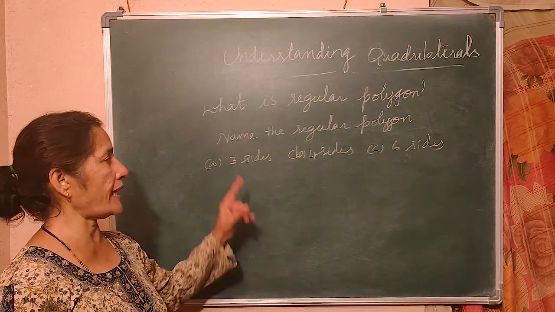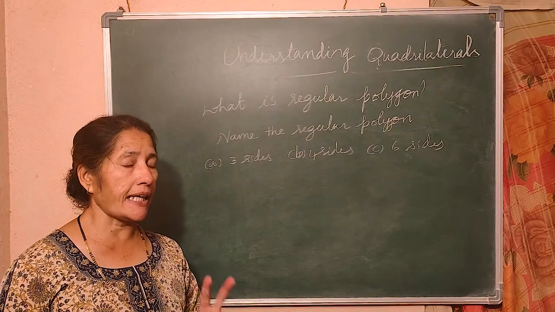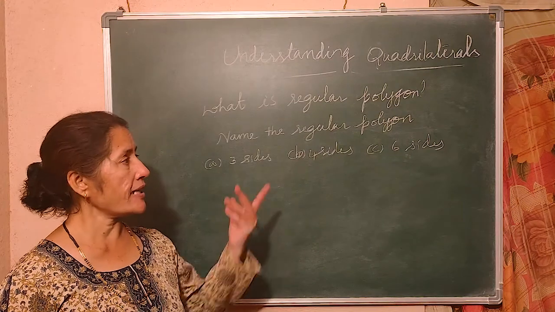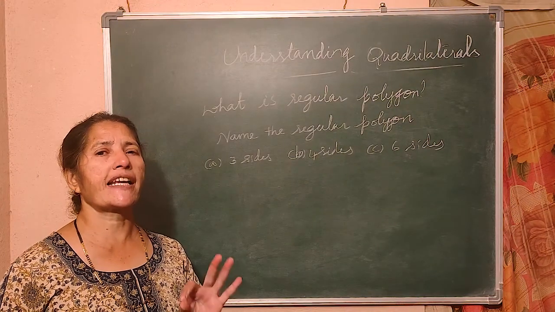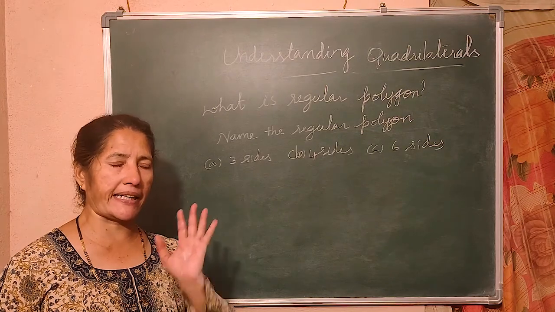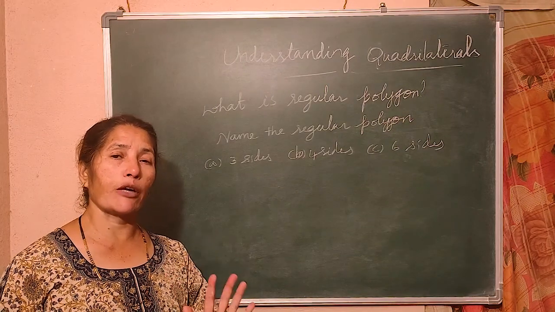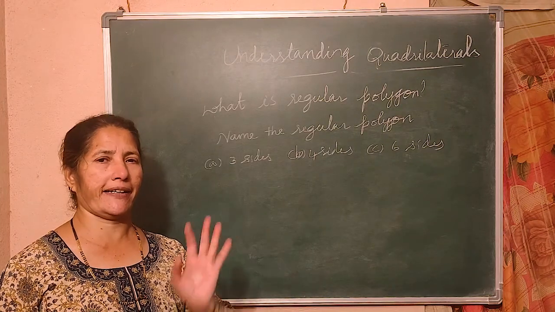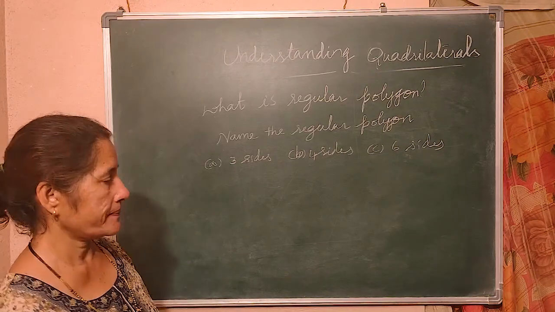Name the regular polygon having 3 sides. I said equilateral triangle. 4 sides, square. 6 sides, we call it a regular hexagon. 5 sides, regular pentagon. 8 sides, regular octagon. 10 sides, regular decagon. You understand?